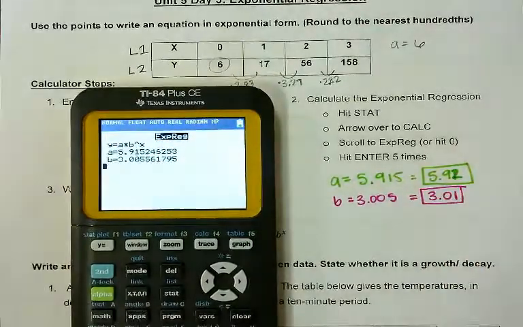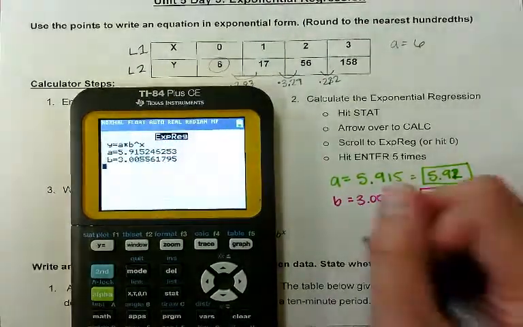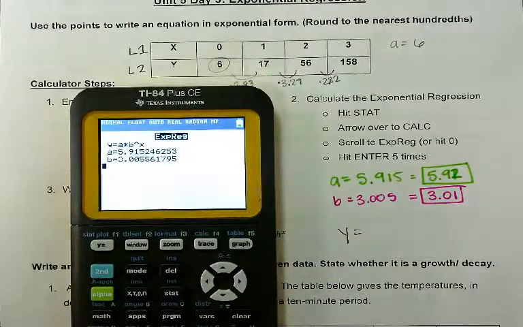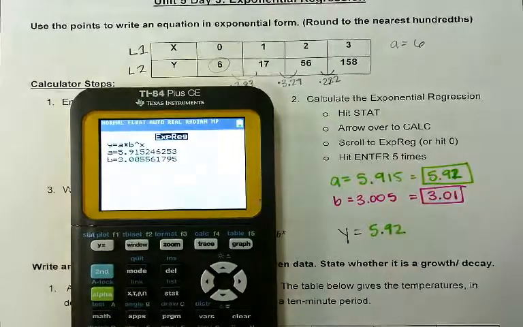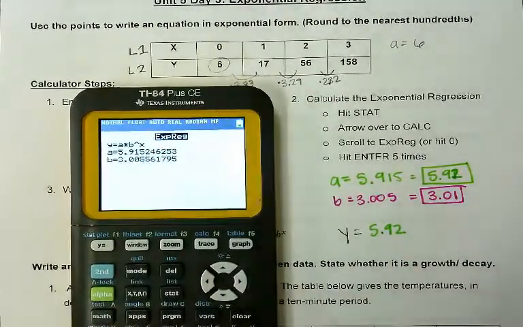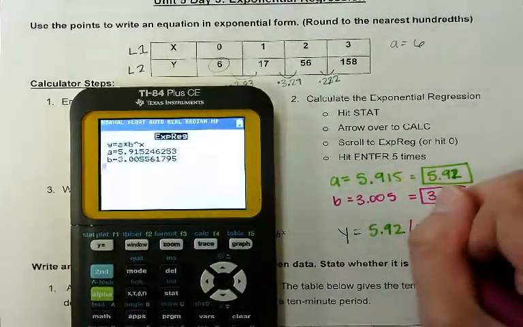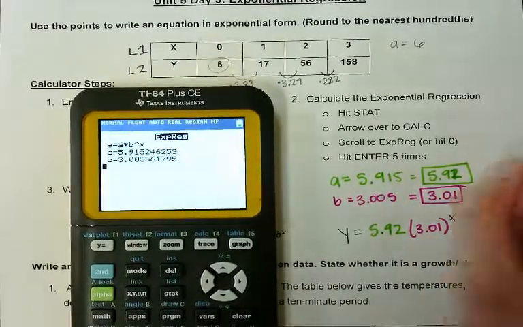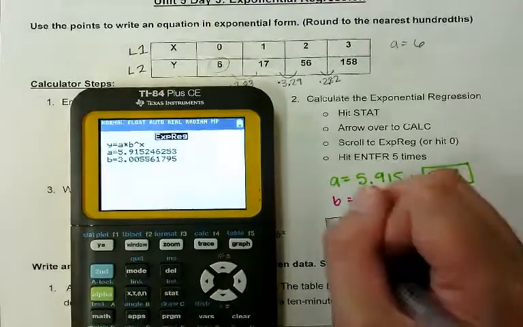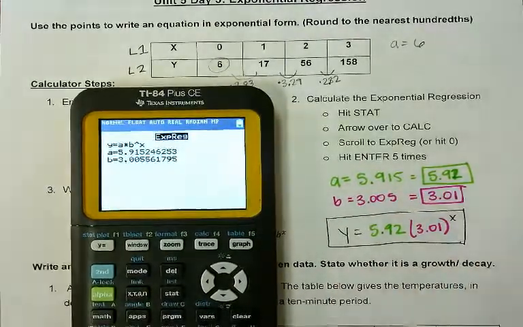Okay? So if we have our a and we have our b, then we can write our equation. So we have 5.92 and then parentheses 3.01, and that is going to be raised up to the x power. Do y'all feel good about that?